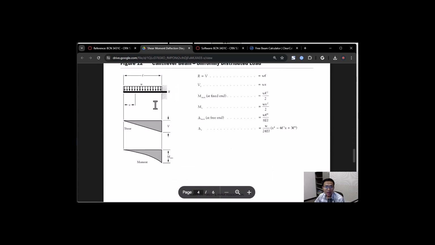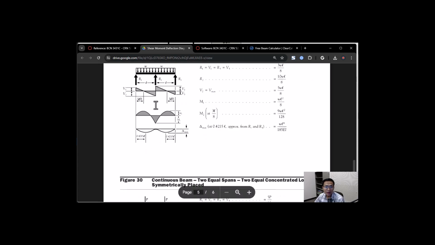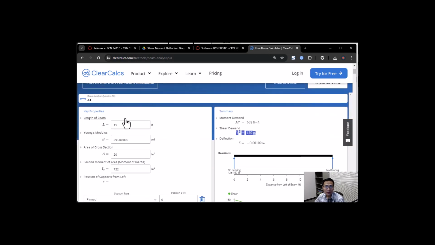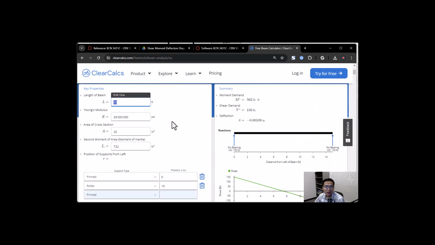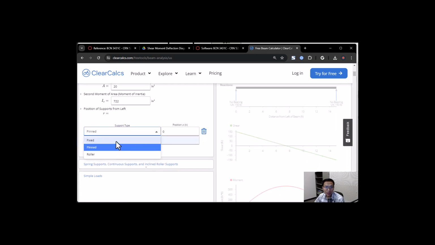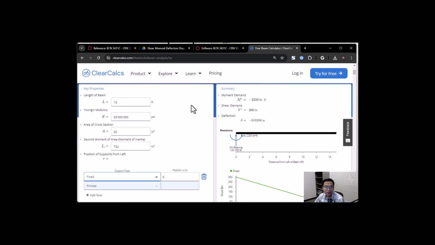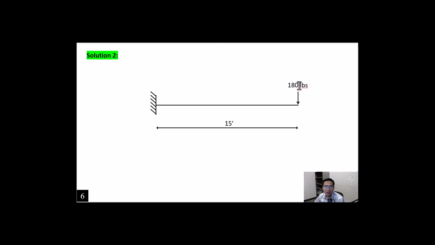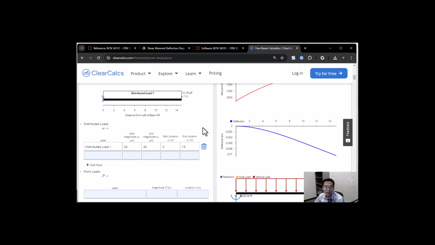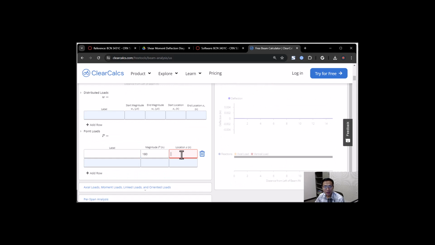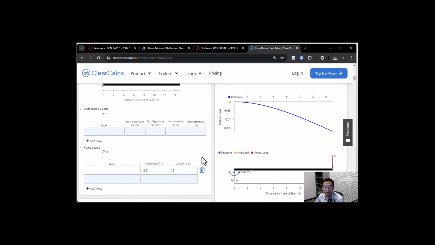So that means I need to use either software or the manual method. So let's try software. We have 15 feet, and only one fixed support at 0. Then we have 180 pounds at the free end on the right-hand side, so 180 at 15 feet.